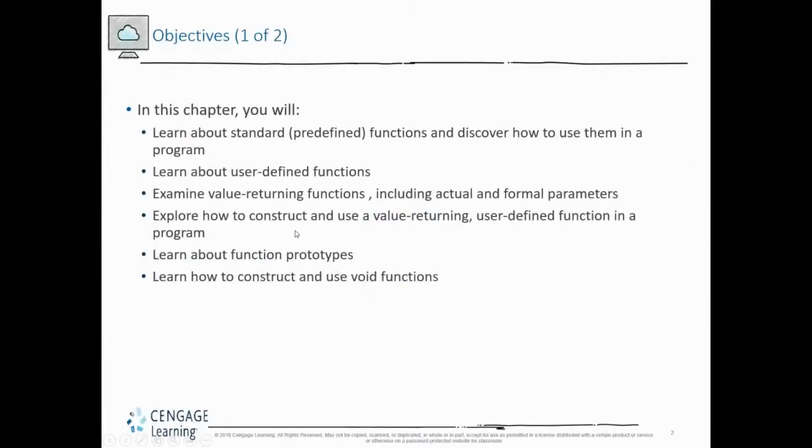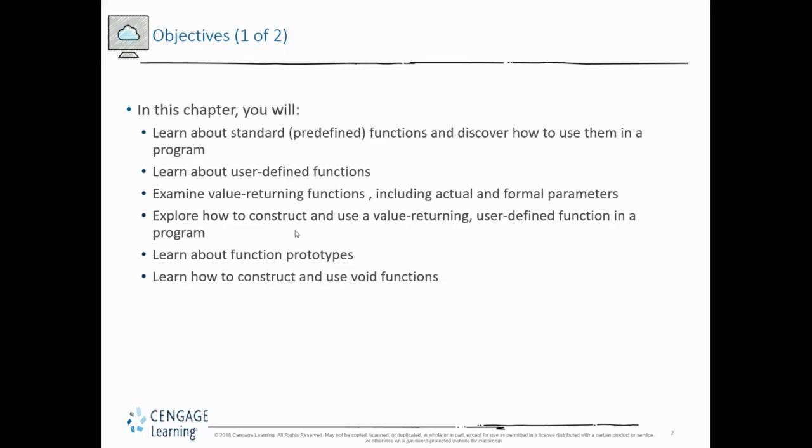In this chapter, we're going to learn about standard functions and discover how to use them in a program. We've been using predefined functions for a while. When we did the pow function, that's the power function, like 2 cubed or 3 squared or 4 to the power of 10, that's using the power function.